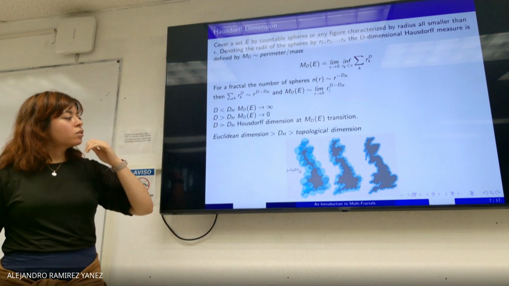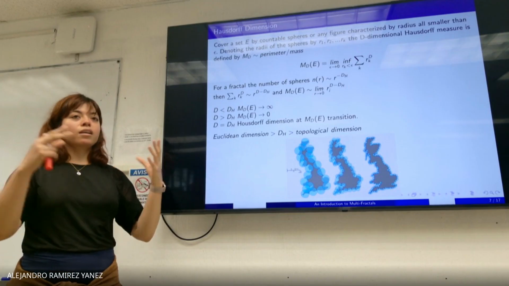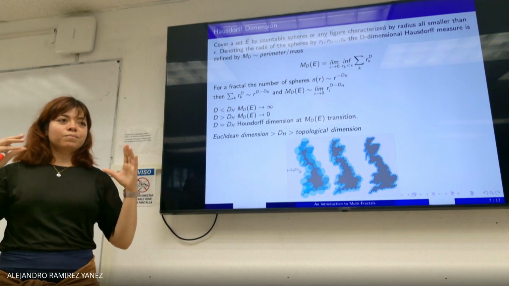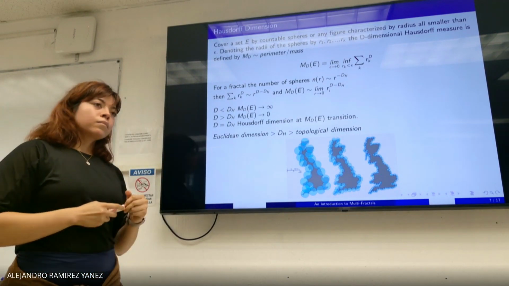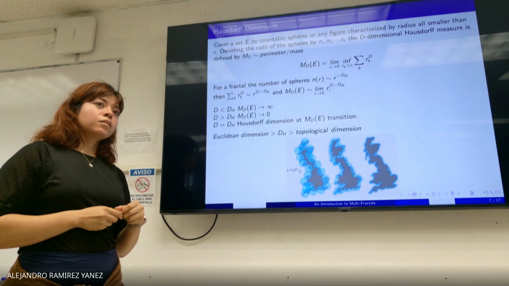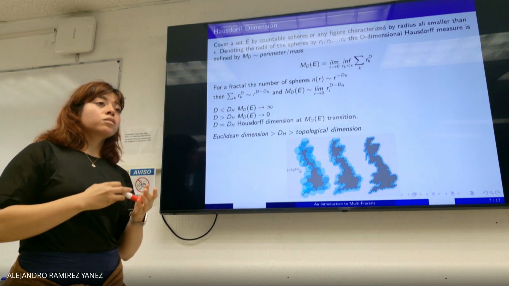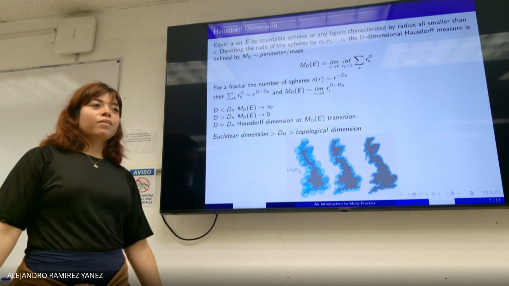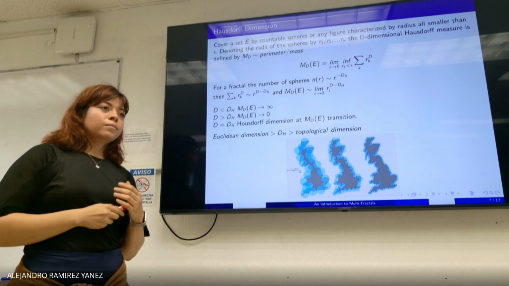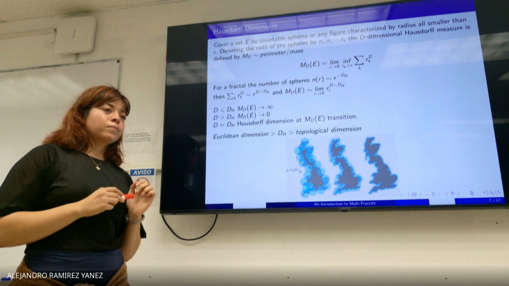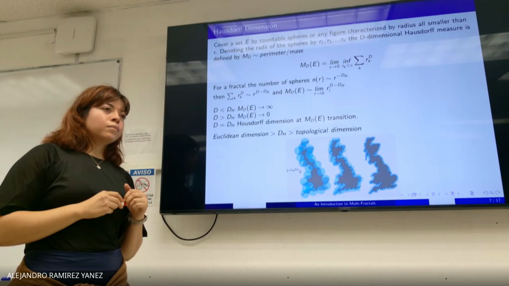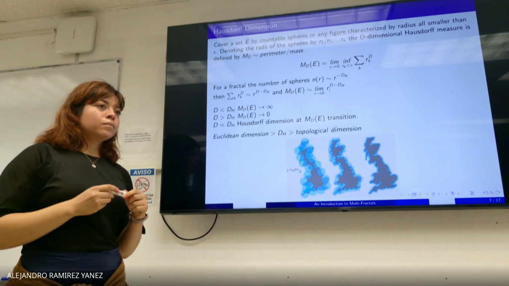Also, these figures live in a bigger space. For the Cantor set, the topological dimension is 0 because you repeat this until you have a dust. Yeah, it should be 0.